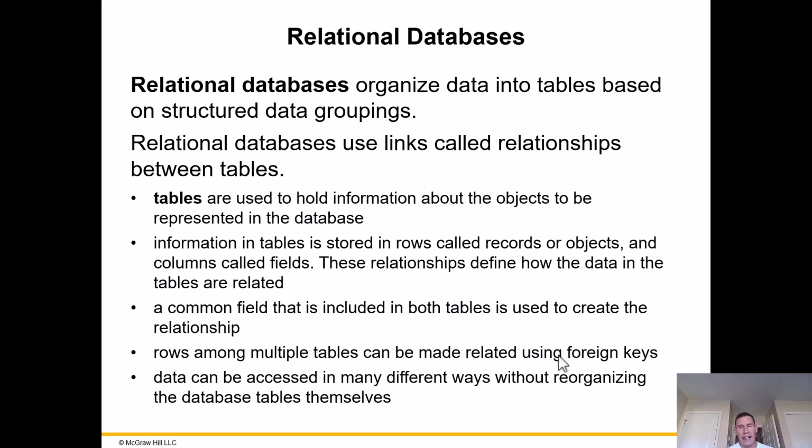These relationships define how the data in the tables are related. A common field that's included in both tables is used to create the relationship. So there's going to be something between the two that they have in common, that's in both. Rows among multiple tables can be related using what we call foreign keys. Data can be accessed in many different ways without reorganizing the database tables themselves.